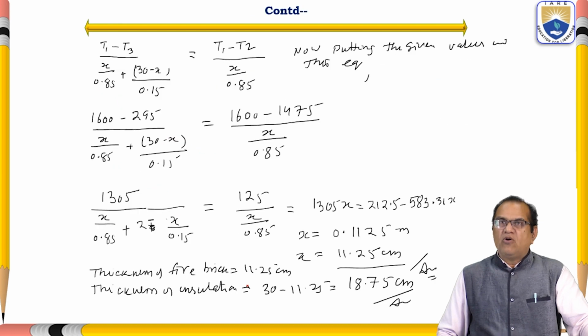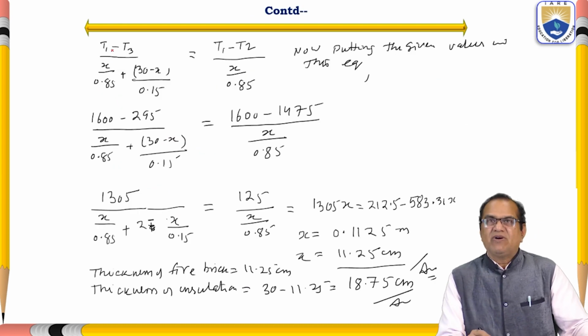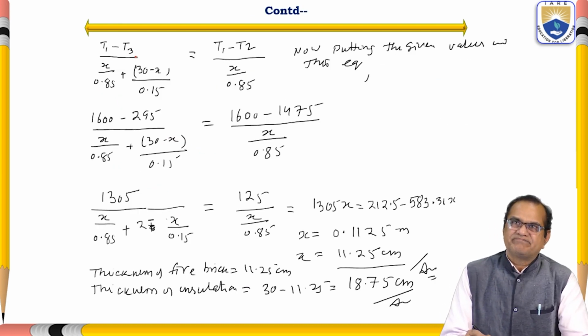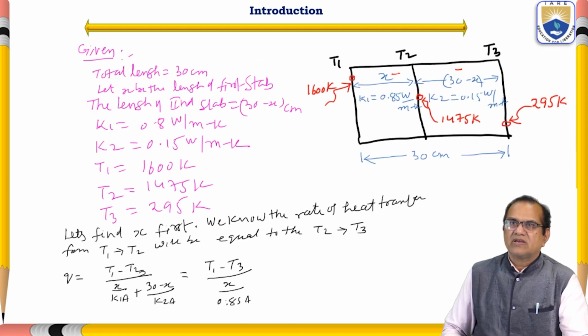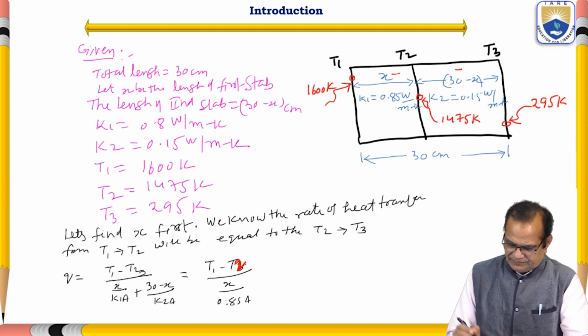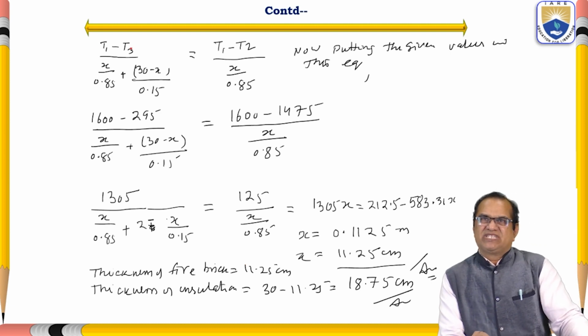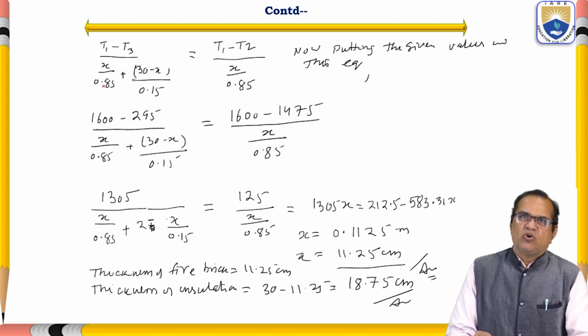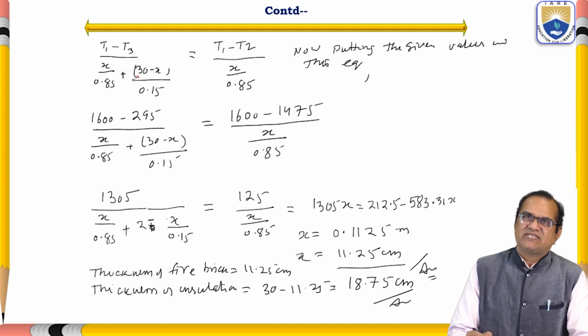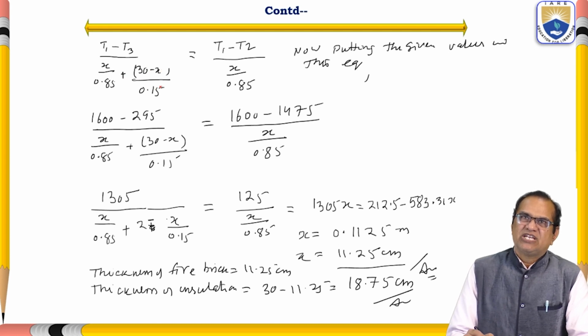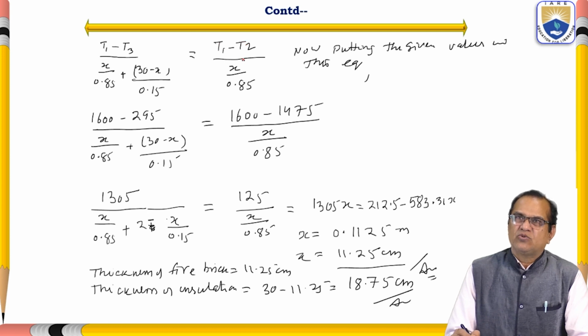Okay. So now if you see here, T1 minus T3 divided by X by 0.85 plus 30 minus X by 0.15 is equal to T1 minus T2 divided by X by 0.85.